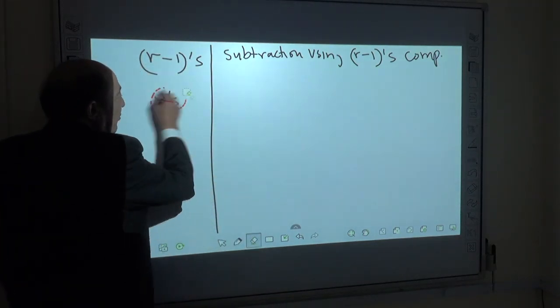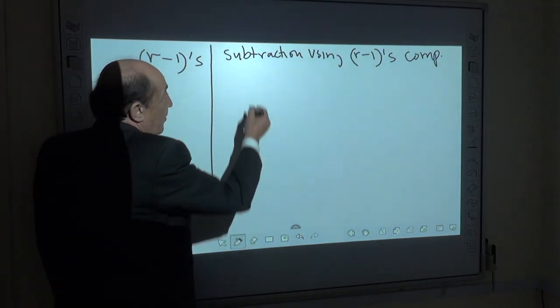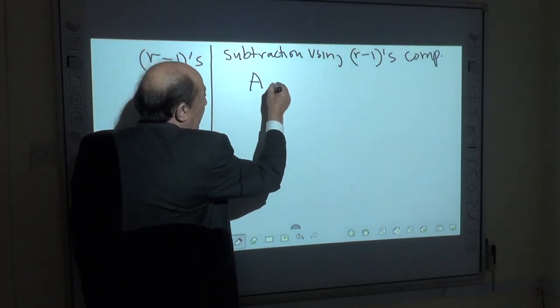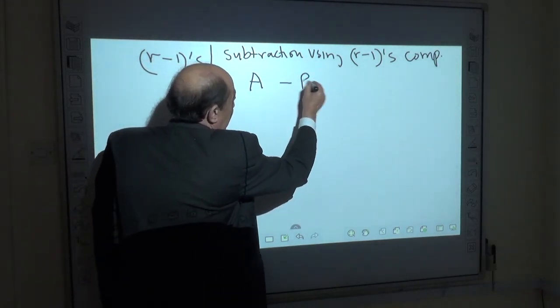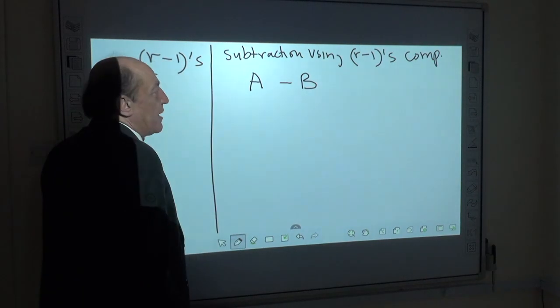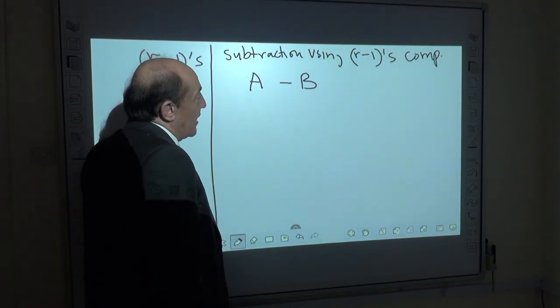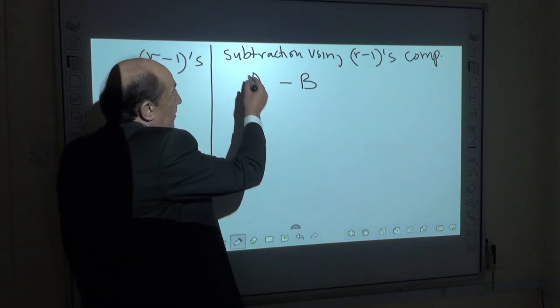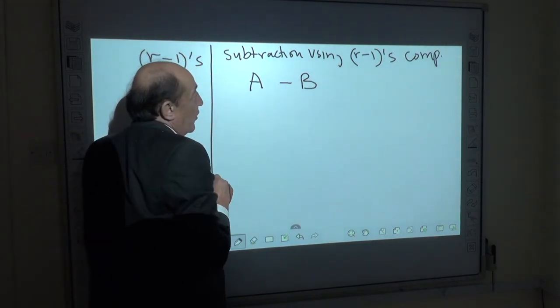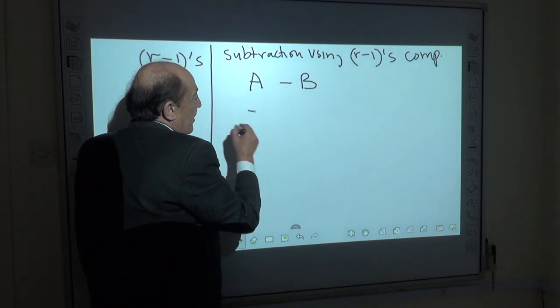And then we move to R's complement. Suppose we have the number A and B, and we need to subtract B from A. We follow the steps.